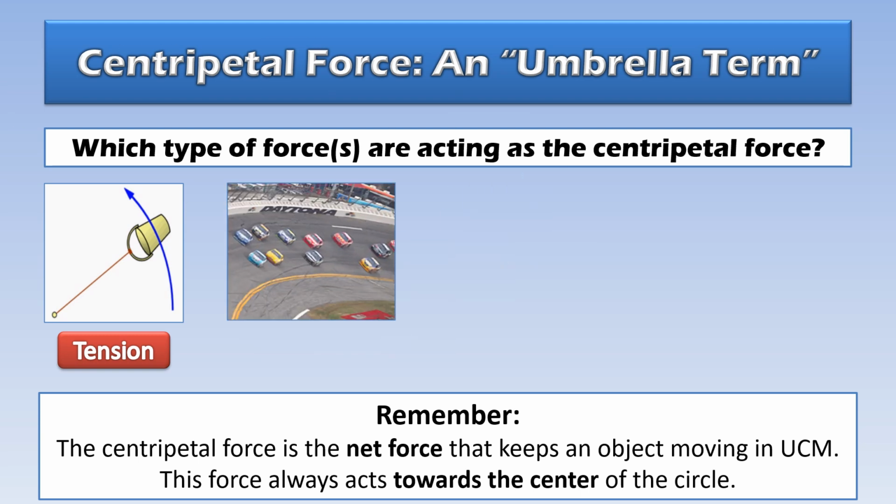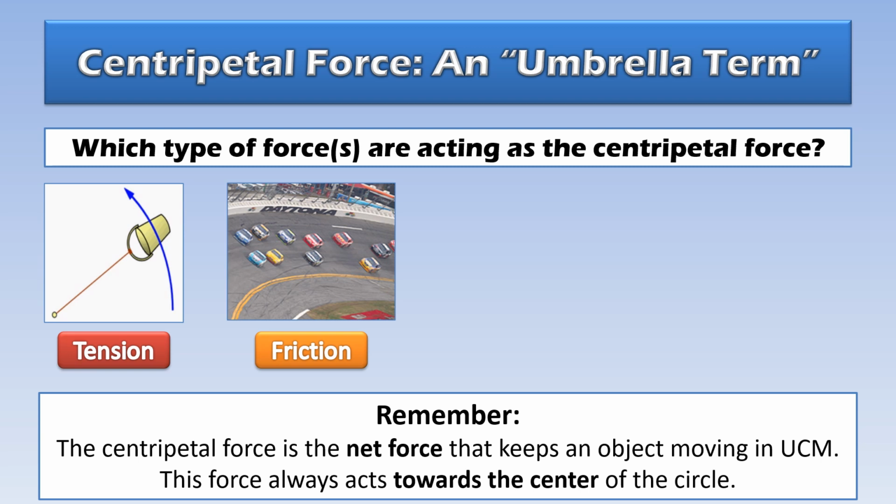Ooh, this one's a tricky one. So cars turning in a circle. What enables the car to make a turn? How does the car drive in a circle, or around a turn with a certain radius? What is the force that acts as the centripetal force? Pause the video and think about it. The answer is the friction between the tires and the road.